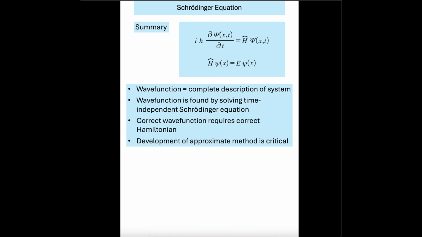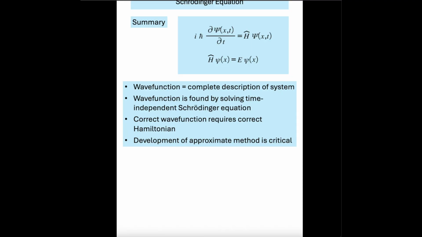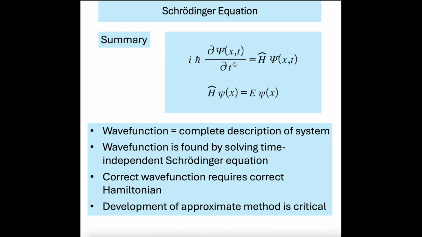So, to summarize, the Schrödinger equation can be written in time-dependent or time-independent forms. It's the time-independent form that we will concentrate on most of all. The wave function here, psi of x, is a complete description of the system.